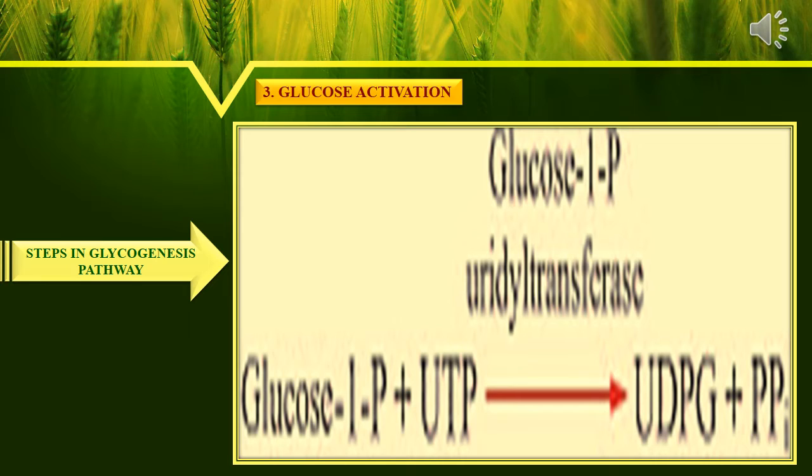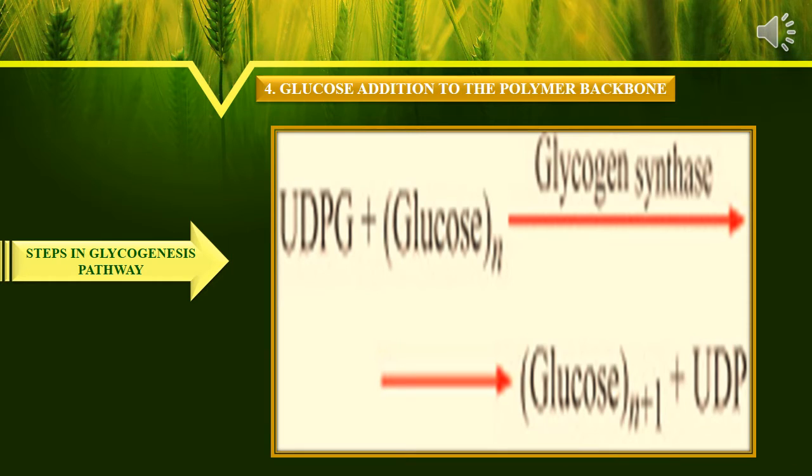glucose 1-phosphate uridyl transferase. And step 4 in the glycogenesis pathway is glucose addition to the polymer backbone. Polymer here represents glycogen formation.